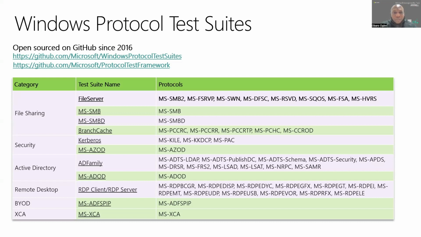We have SMBD, which is SMB over RDMA. We have branch cache, also under file sharing. For security, we have Kerberos, AZOD. And at the bottom of the screen, we have XCA, which is the Express Compression Algorithm. We have a test suite for that.